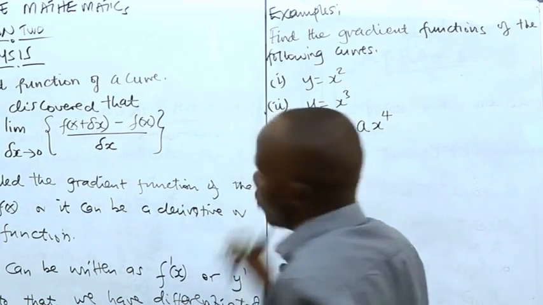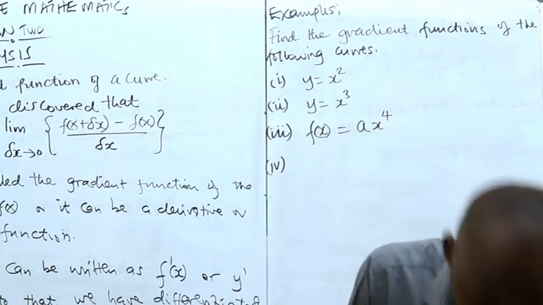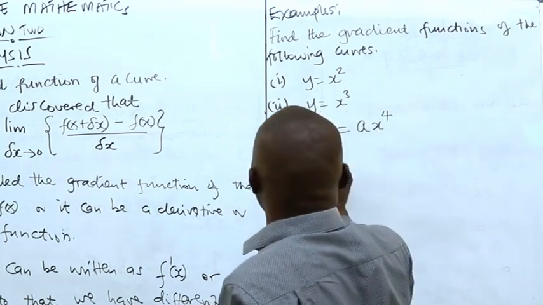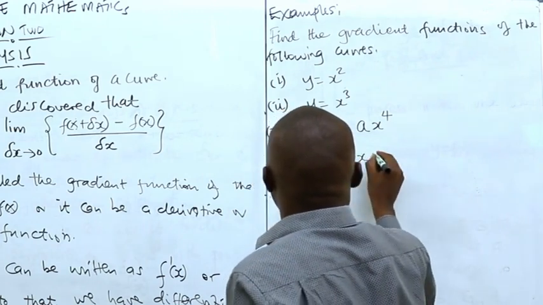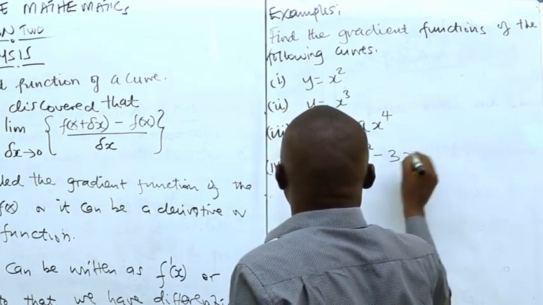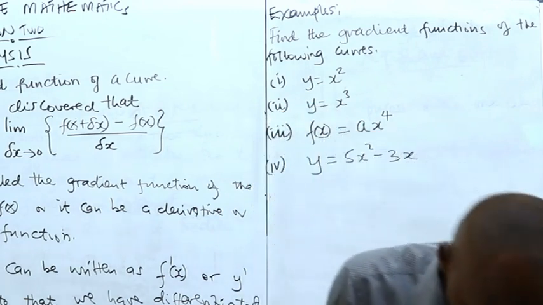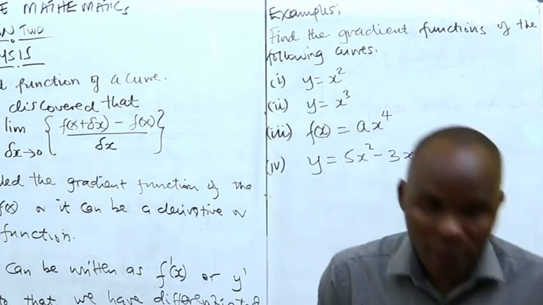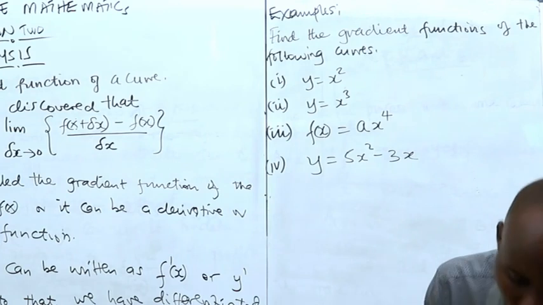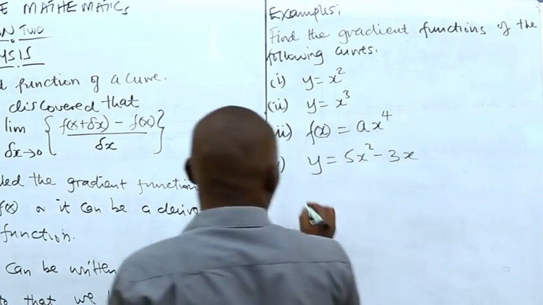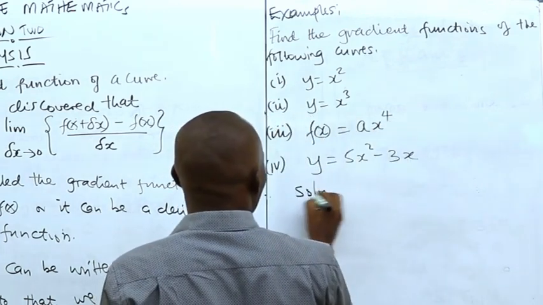Roman 4, y is equal to 5x squared minus 3x. Let's look at the solution.